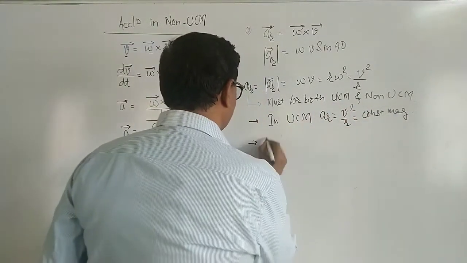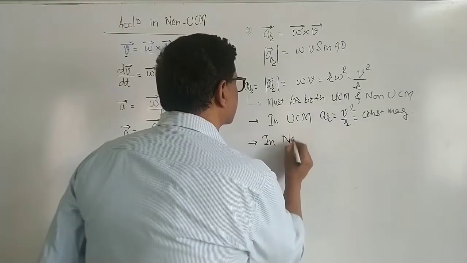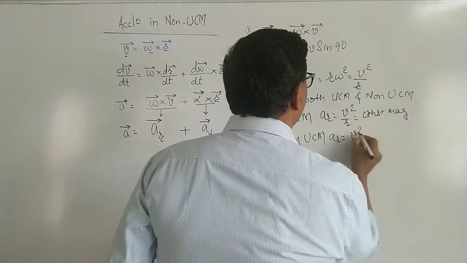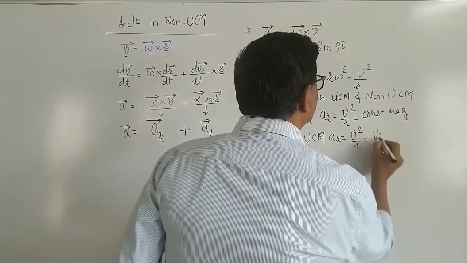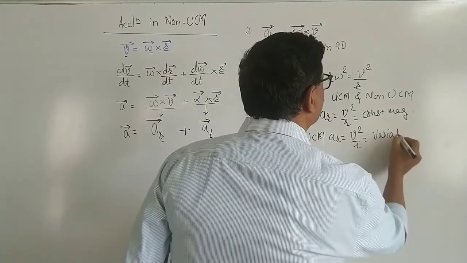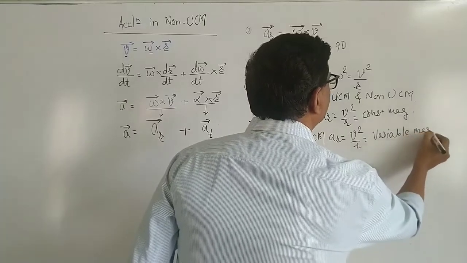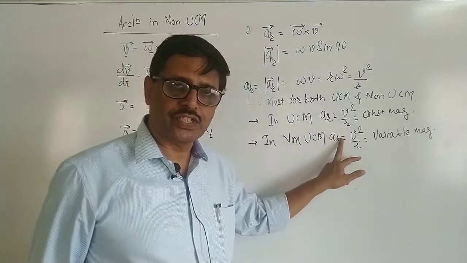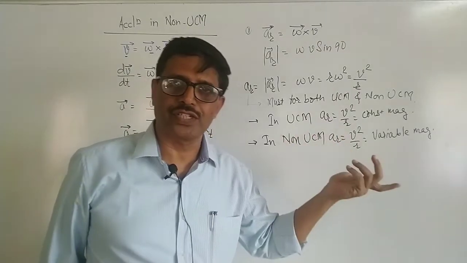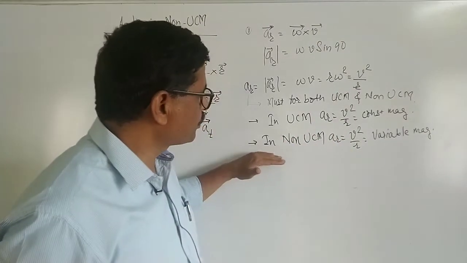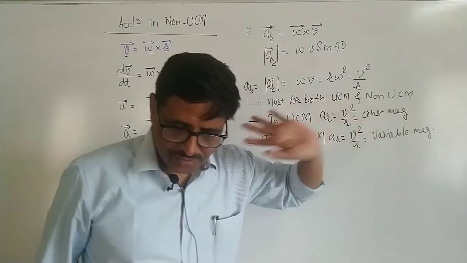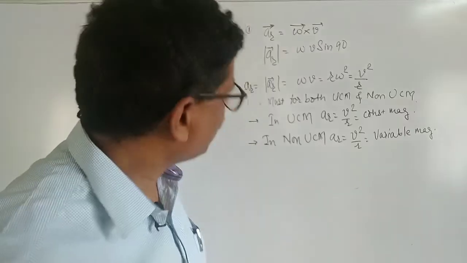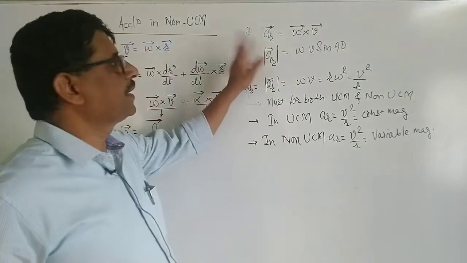And in non-UCM, ar equal to v square by r has a variable magnitude. The magnitude of tangential velocity changes, the magnitude of angular velocity changes. Therefore in non-UCM, radial acceleration has variable magnitude. This is one component that we got, the radial acceleration.